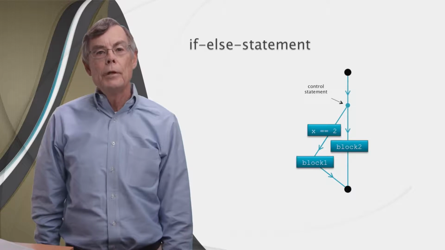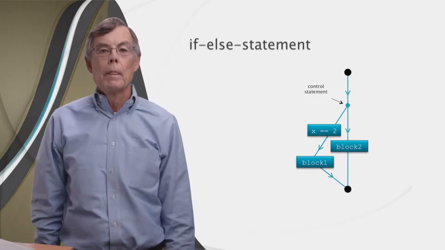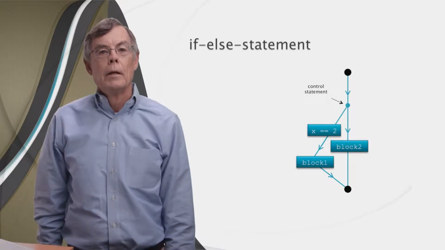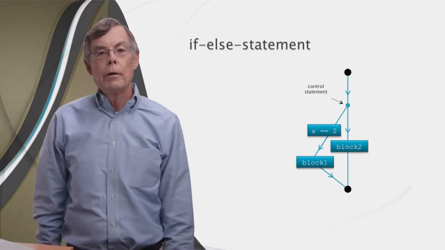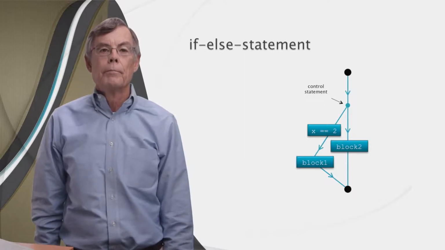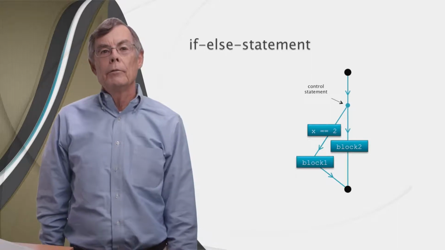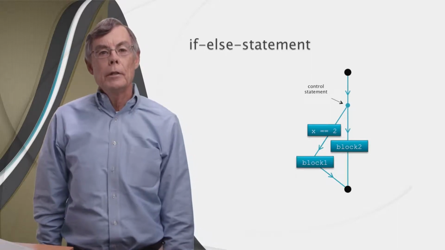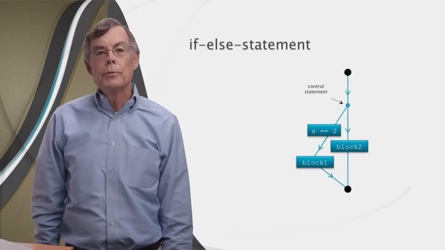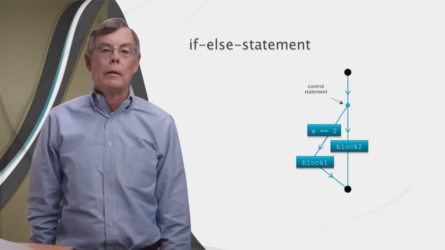The control flow of the if-else statement is illustrated by this figure. Here again, the blue dot represents the control statement, in this case the if-else statement. And again, the blue lines with the arrows show the possible paths that MATLAB can follow through the statement. The branch that goes off to the left represents the case when the condition is true, that is, x equals 2. The box labeled block 1 represents the set of statements that will be executed when this branch is taken.